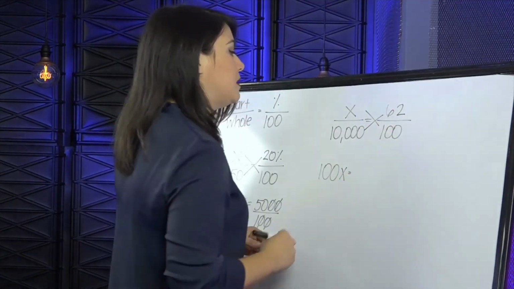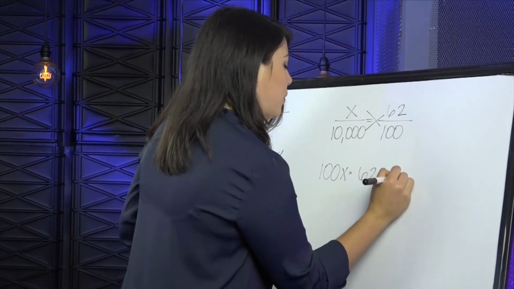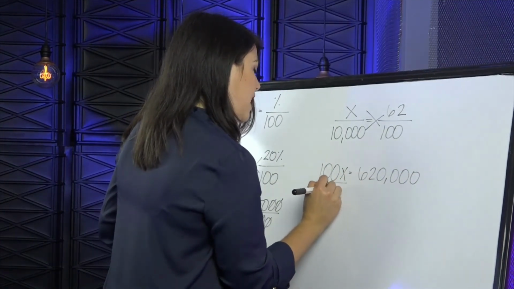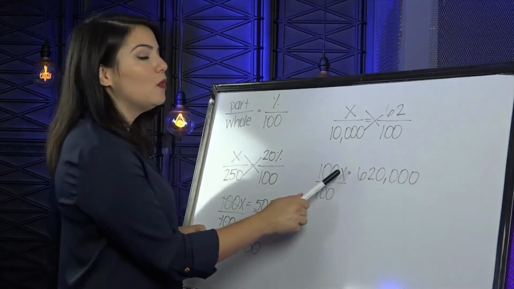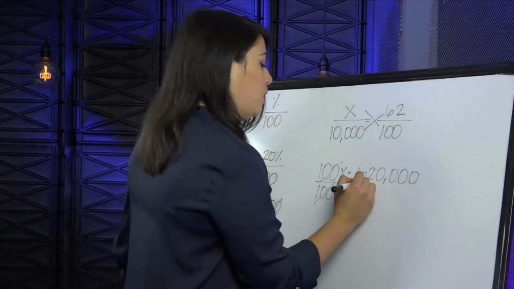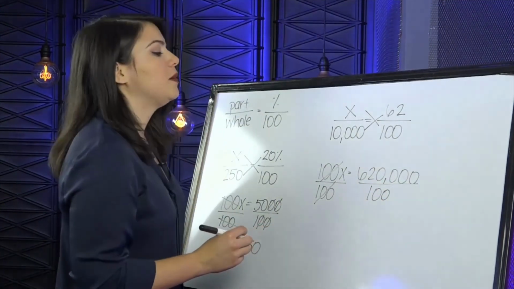and 10,000 times 62 is 620,000. Let's divide by 100 because 100 is multiplied to the x. When we do that, that cancels out. Whatever we do to one side of the equal sign, we must do to the other.